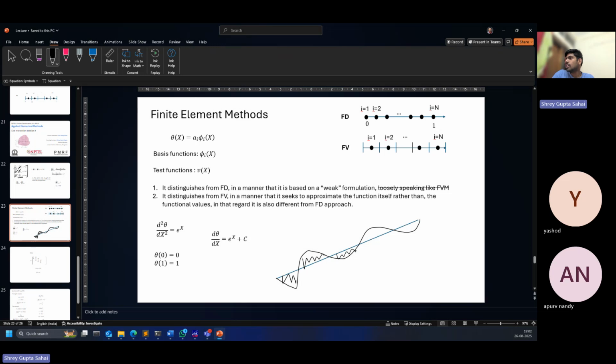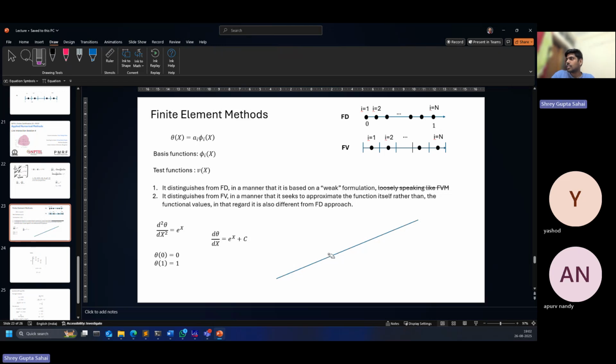It might be zero only. In principle, the finite element method allows that. But when we go deeper into how the finite element method works, we see that this error also will be small.